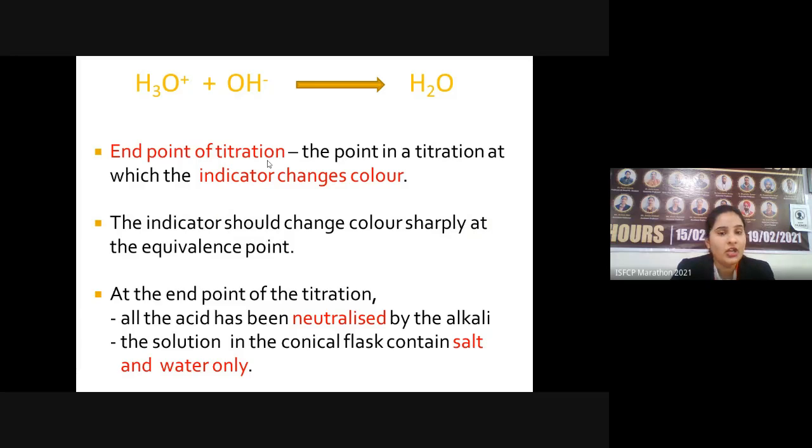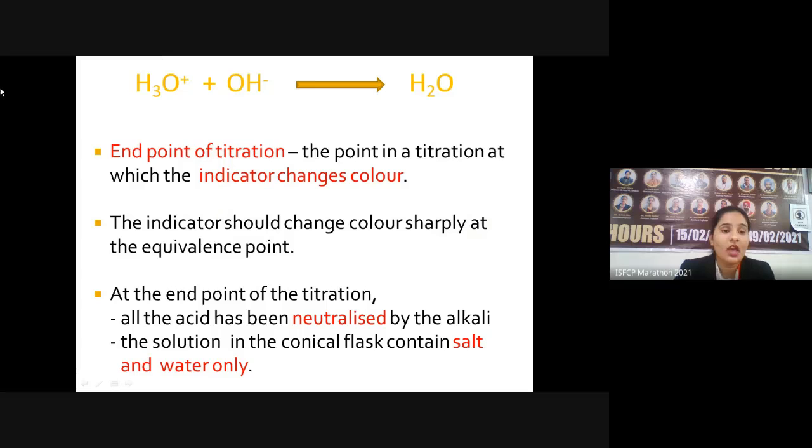We should not use an indicator which shows color variation over a pH range. We should always use an indicator which shows the color change sharply at the equivalence point.